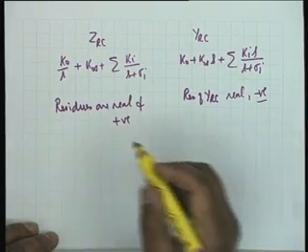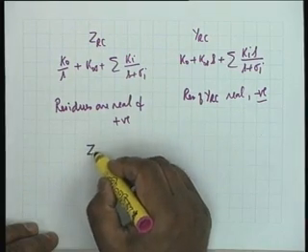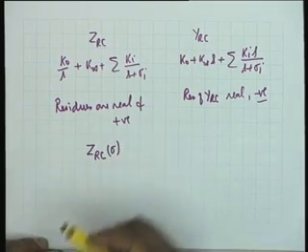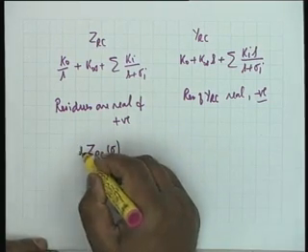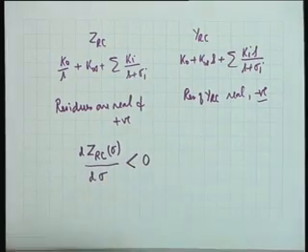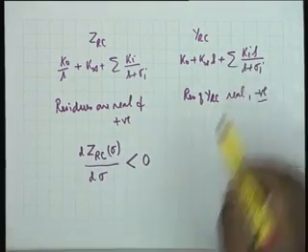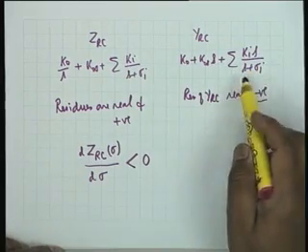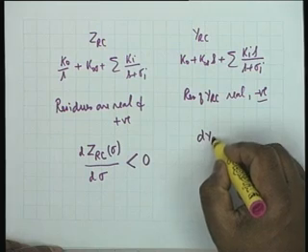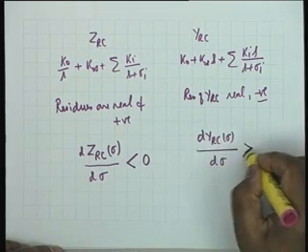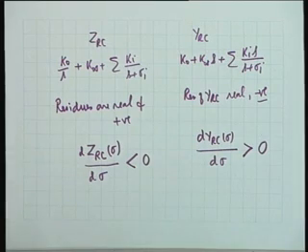We also showed, by taking the value of ZRC on the real axis, that is sigma, and by differentiating this with respect to sigma, that this has to be strictly negative. If you do the same thing with YRC, that is, you put S equal to sigma and differentiate, you can show that the derivative of YRC of sigma with respect to sigma would be strictly positive.